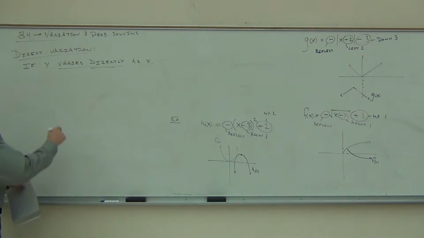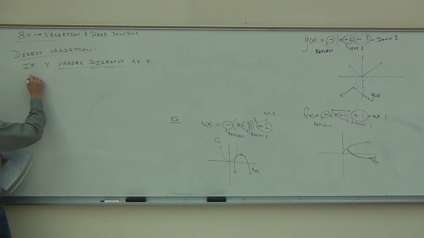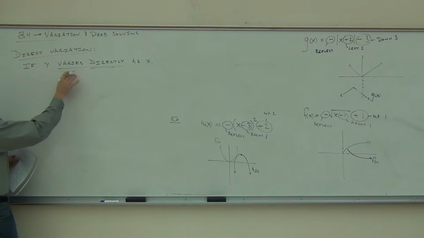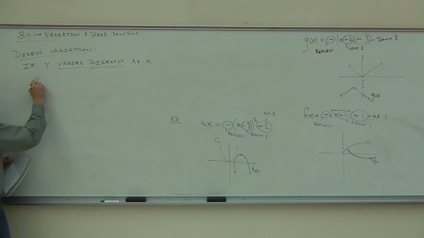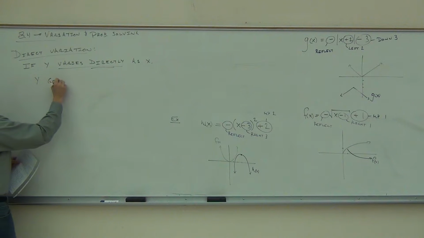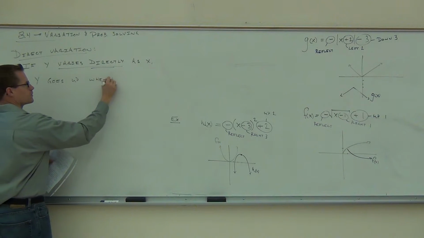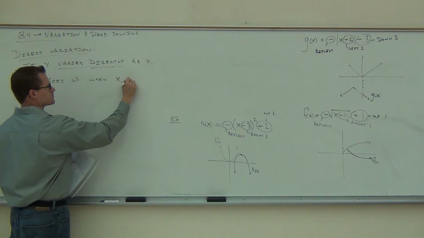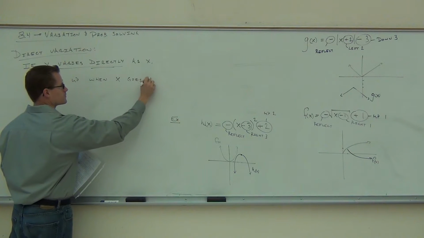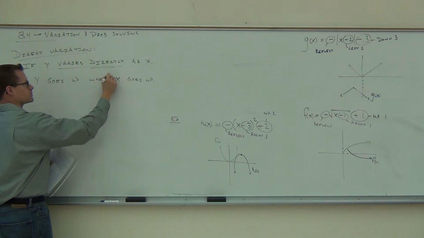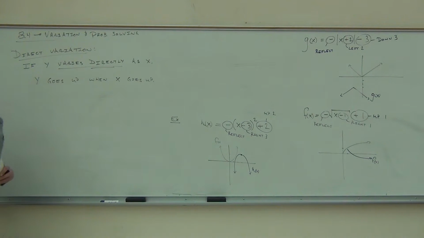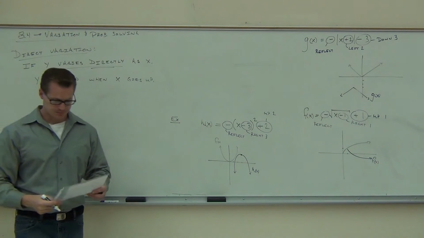It says, as x goes up, y also goes up. So if y varies directly as x, I'll say it this way. Y goes up when x goes up. Or y goes down when x goes down. They're tied together.